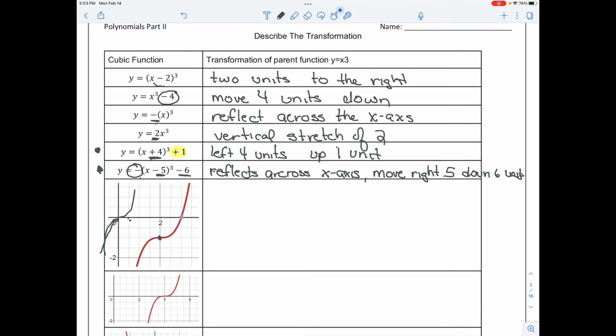This is 2, so this is 2 units right, and that looks like it would be 1 unit down. So if I were to write an equation for this, it would be y is equal to (x minus 2) cubed minus 1.